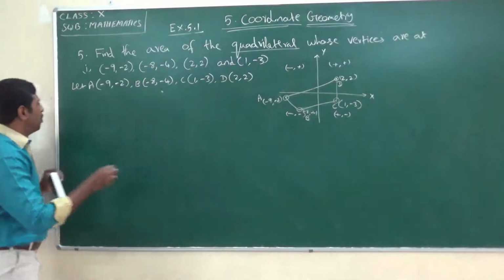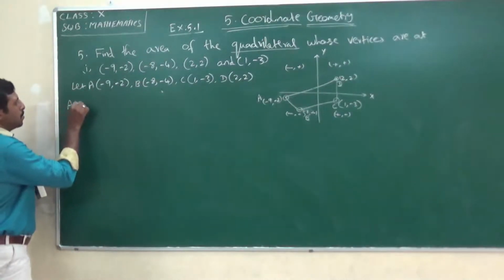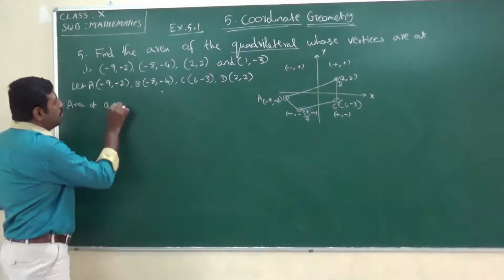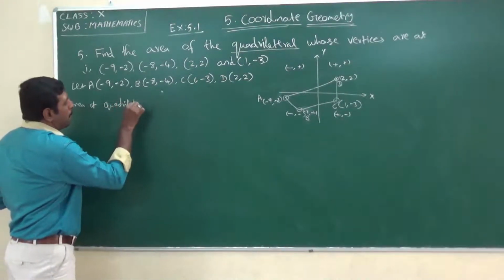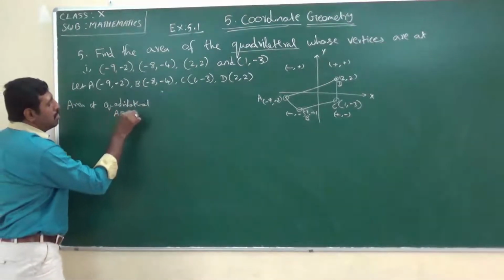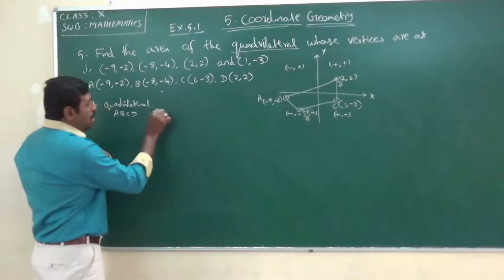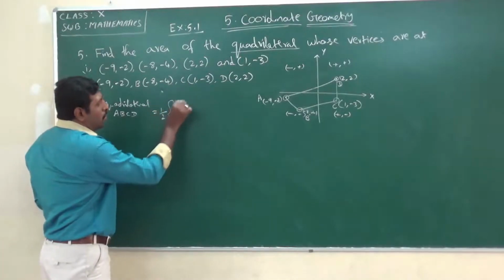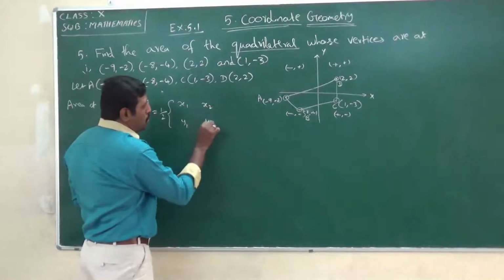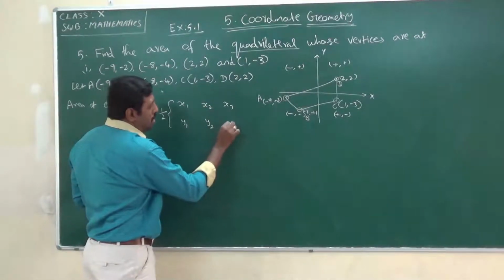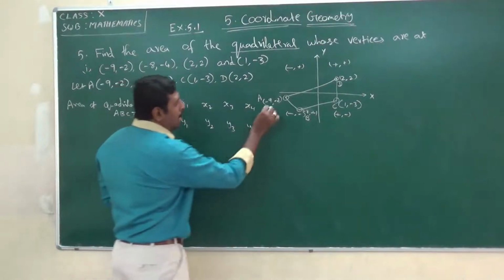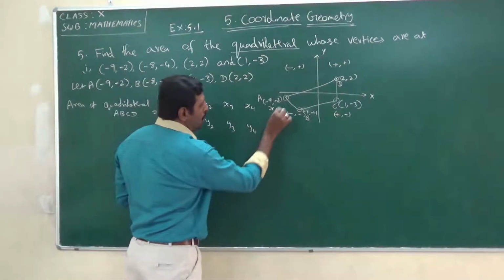Now we see the formula for the area of the quadrilateral ABCD. It is equal to half into x1, y1, x2, y2, x3, y3, and then x4, y4, again x1, y1.